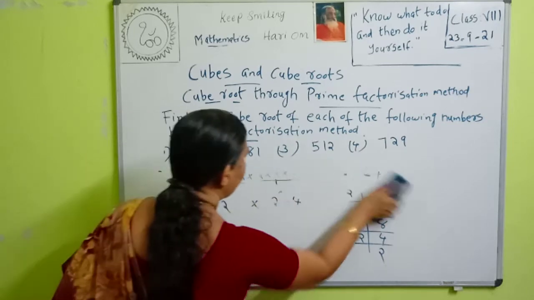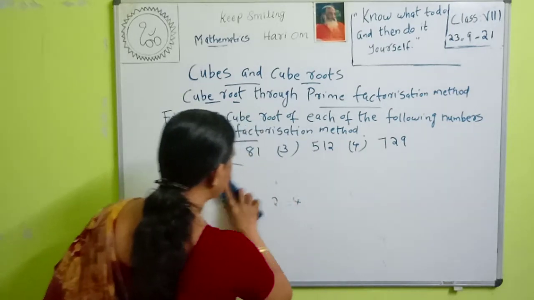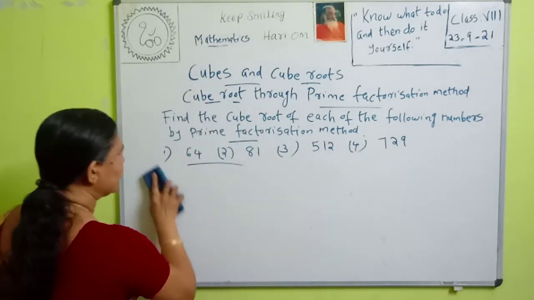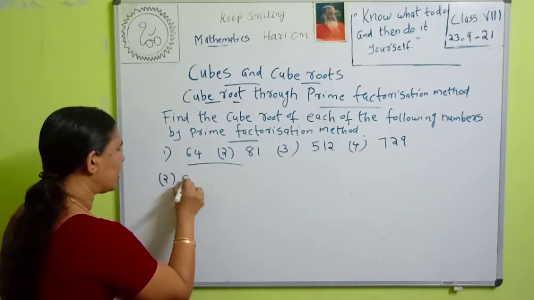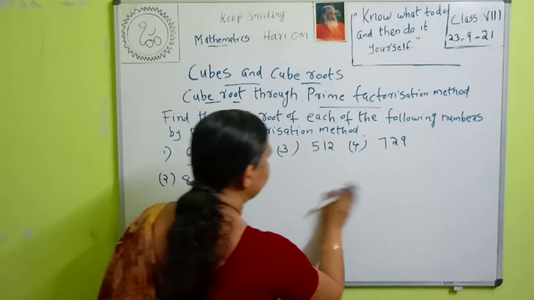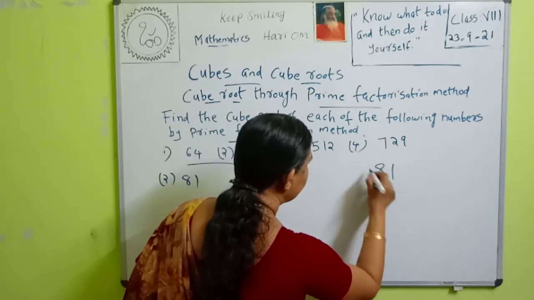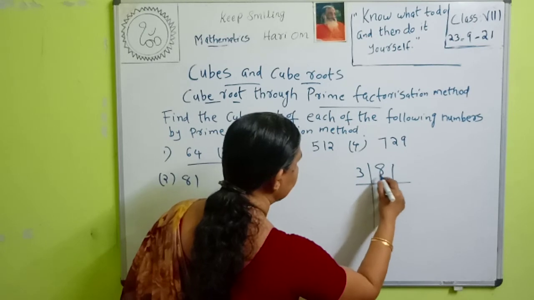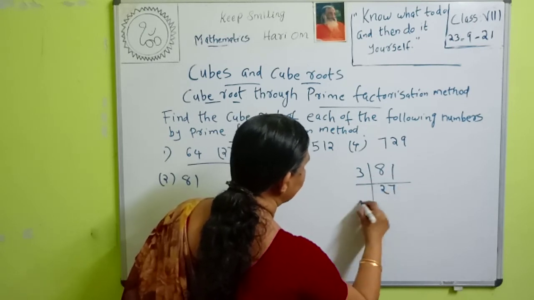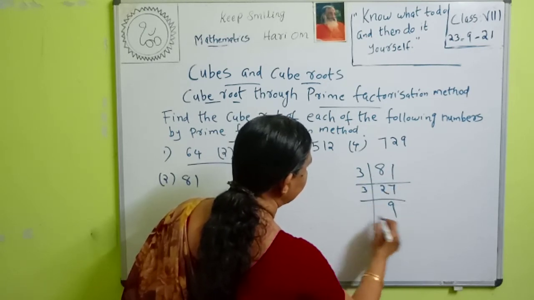Then what is the next question? The second question is 81. Here also we can factorize it. 81, we can divide it by 3. 3 2s are 6, 7. Then 3 into 9, 27.